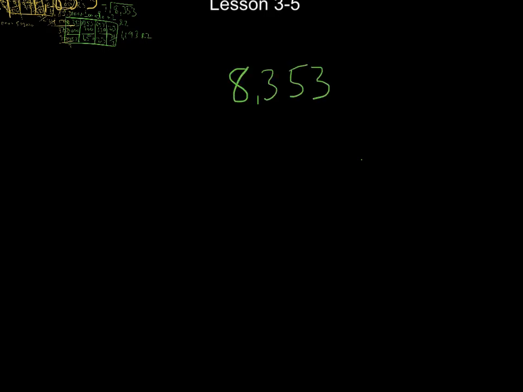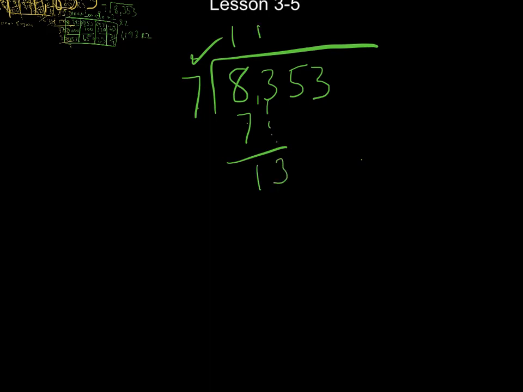8,353 divided by 7. Let's do the way I grew up method. How's that? 7 can go into 8 one time. So 1 times 7 is 7. Subtract it, you get 1. 3 falls down. 7 can go into 13 one time. 1 times 7 is 7. If you go 2 times, you'll have 14. That's more. So don't do 14. I know it's close, but it's over. 7 times 1 is 7.